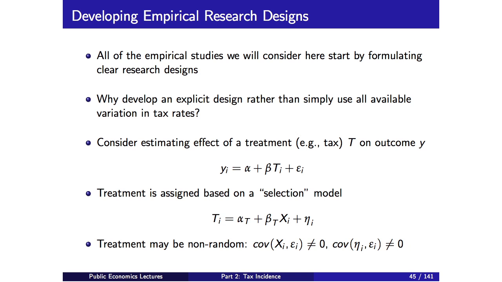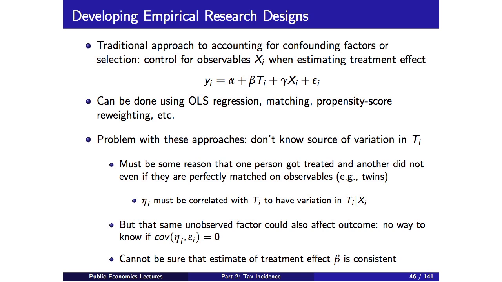Now, the key problem in applied econometrics is that treatment may be non-random, right? So that there's a covariance between X and epsilon i in the first equation, or there's a covariance between eta, the unobserved heterogeneity term in the selection equation, and epsilon i in the treatment equation. Now, what's the traditional approach to dealing with that problem? It's to account for the confounding factors, essentially a selection problem, by controlling for observables, right?